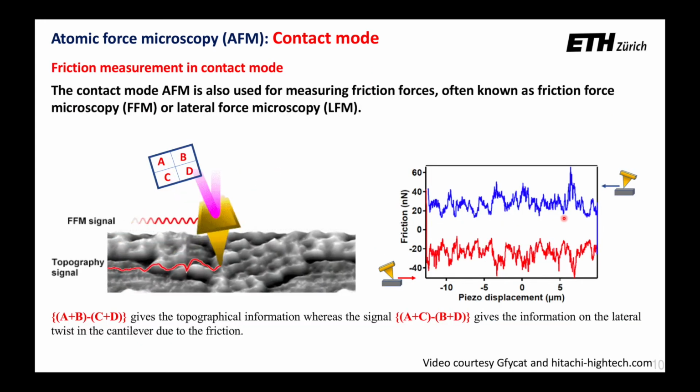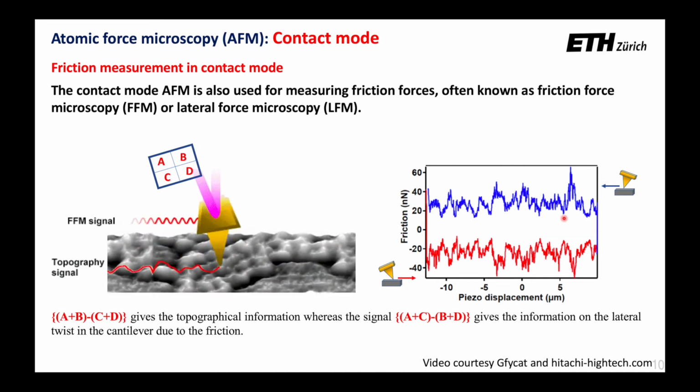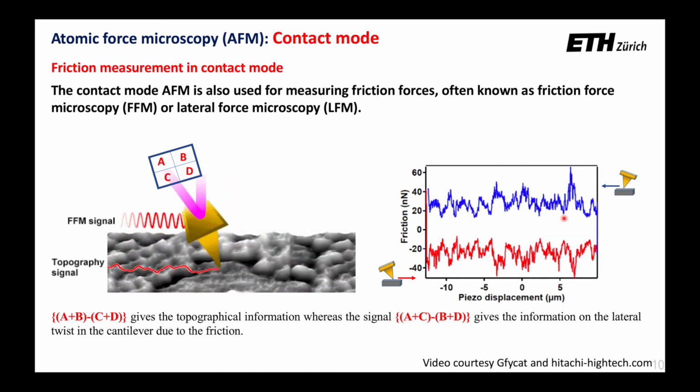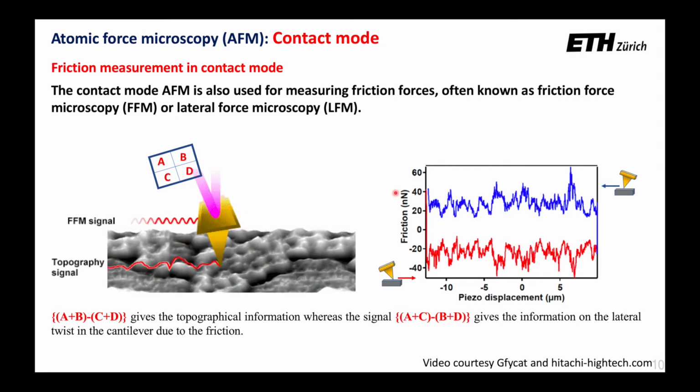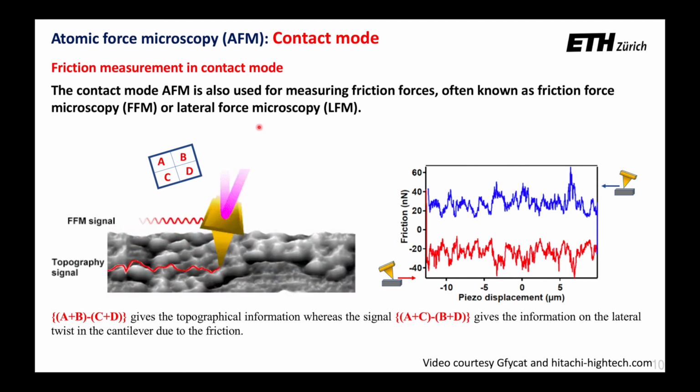Apart from this destructive effect of contact mode, you can also use it to measure the friction between the tip and the sample, which is often known as friction force microscopy or lateral force microscopy.